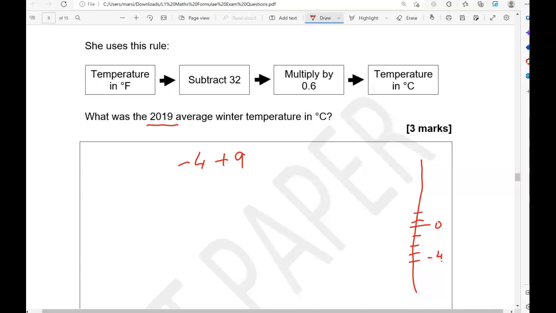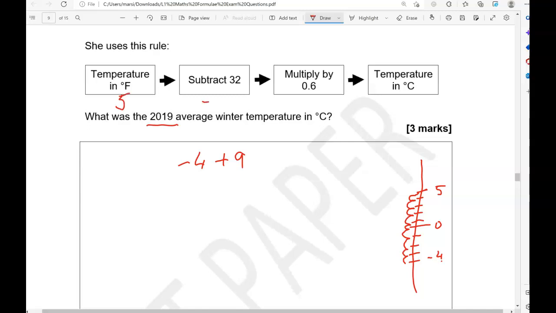Then we have 1, 2, 3, 4, 5, and so on. So it's increased by 9 degrees from -4. So we're going 1, 2, 3, 4, 5, 6, 7, 8, 9. So it goes to 5 degrees. So that's the temperature in degrees Fahrenheit.